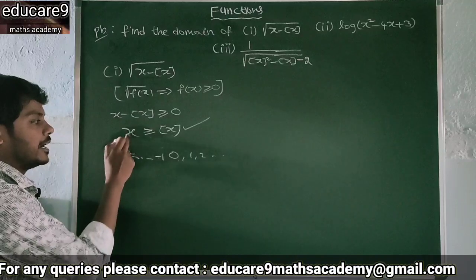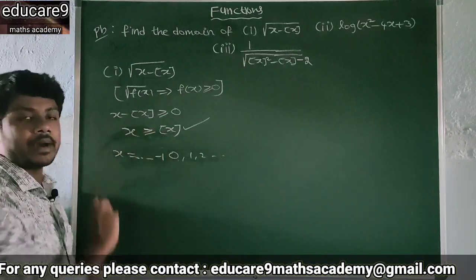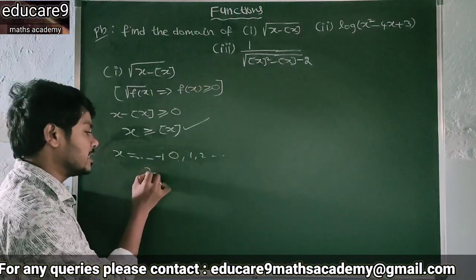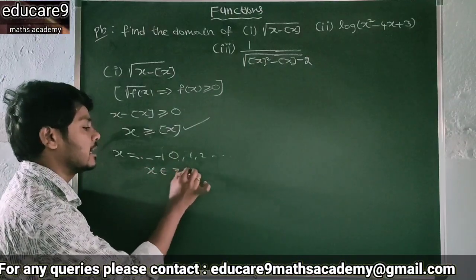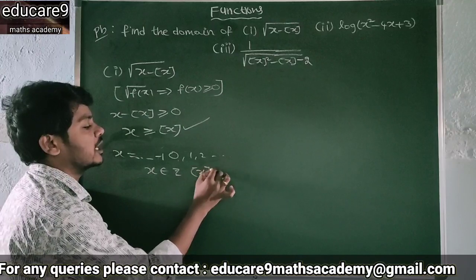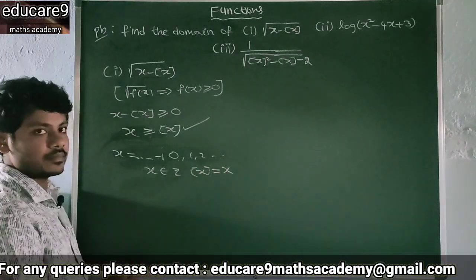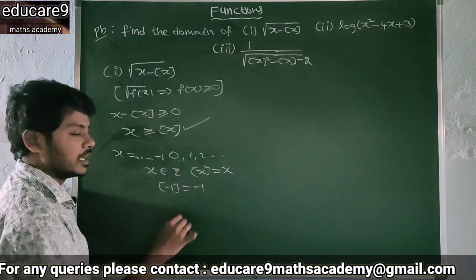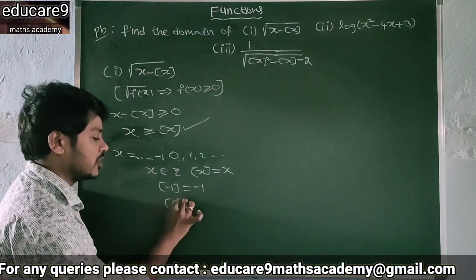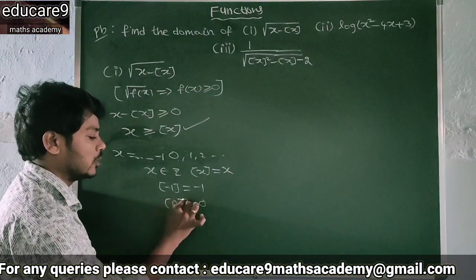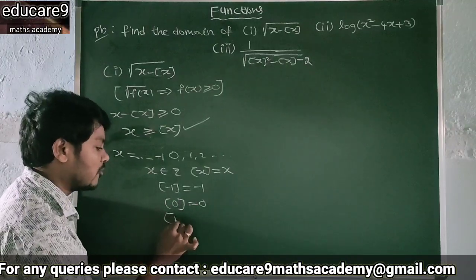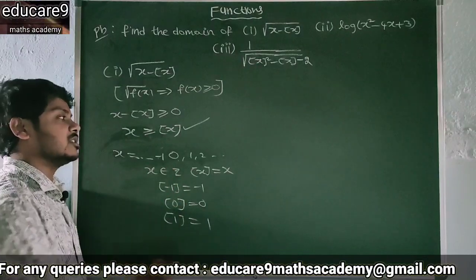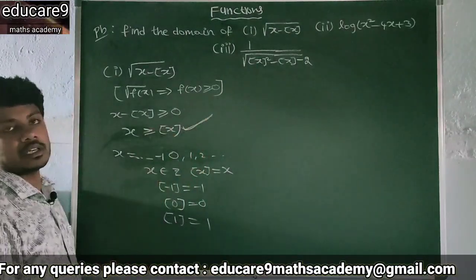See here at x is equal to minus 1, step of minus 1 is minus 1 only. So means if x is integer, then step x is x. So clearly step of minus 1 is minus 1. And step of 0 is 0. And step of 1 also 1. So clearly for every integer values, this condition is satisfied.